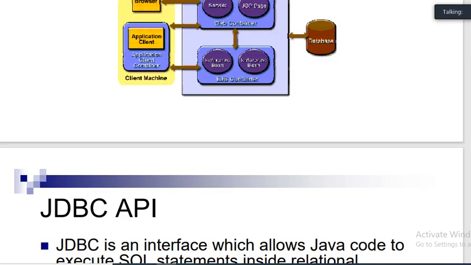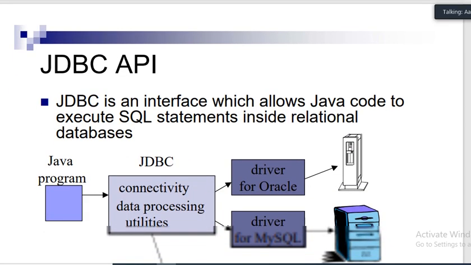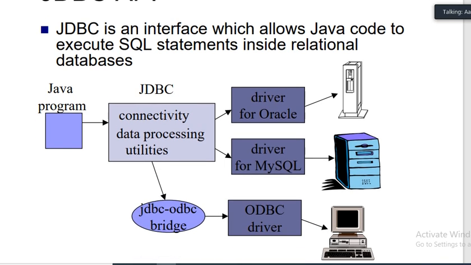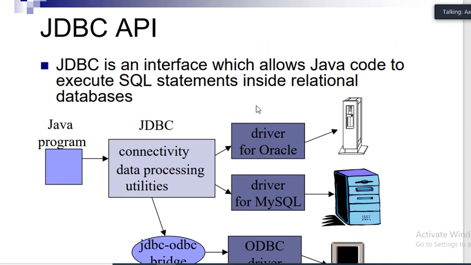Now, the JDBC API. Whether you are talking about J2EE or Java, both are okay. You can also create your own standalone Java application and connect to a database server. It is not that you need J2EE every time. As of now you are working on a standalone application.